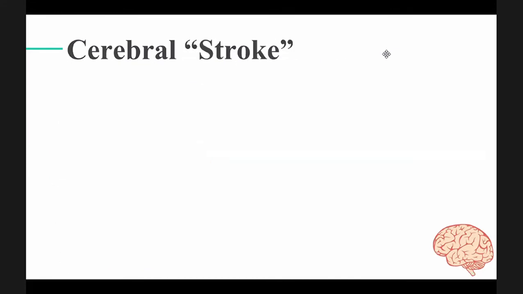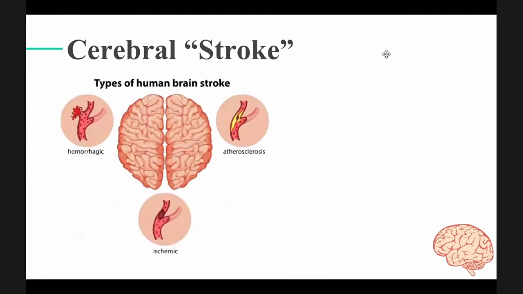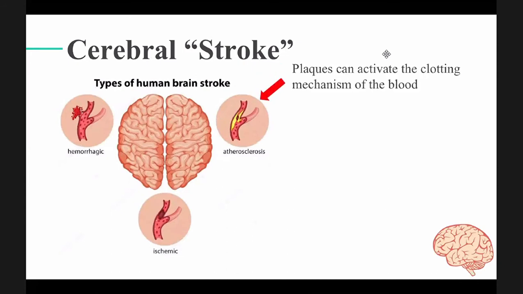Okay. So there are 2 types of stroke, the hemorrhagic and the one that is caused by atherosclerosis. So with hemorrhagic, the most common cause is aneurysm. You know already, if there is aneurysm, that's commonly congenital, and with increase in blood pressure, or eventually if the wall of the arteries ruptures, it would cause hemorrhage. Whereas atherosclerosis takes time to build up, 5 to 10 years in the making.